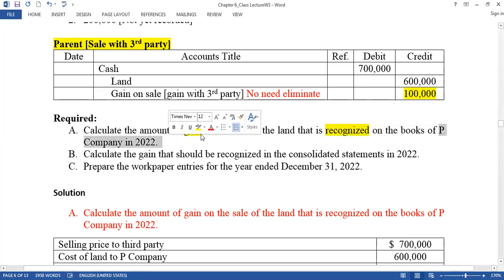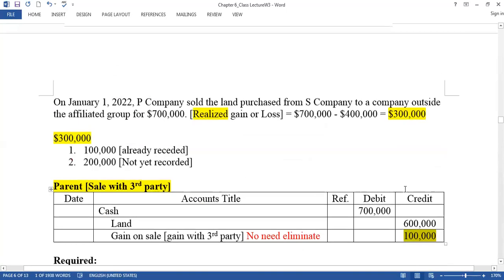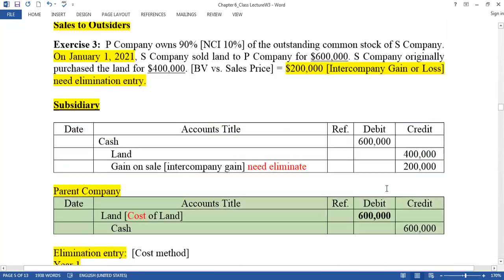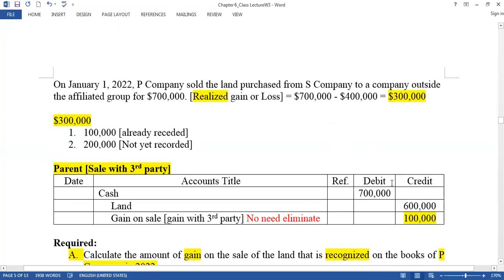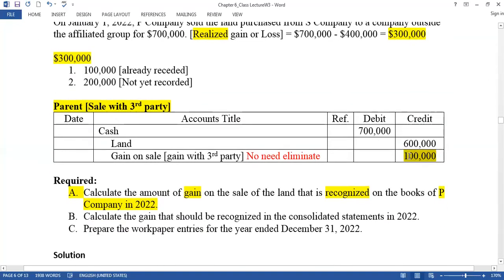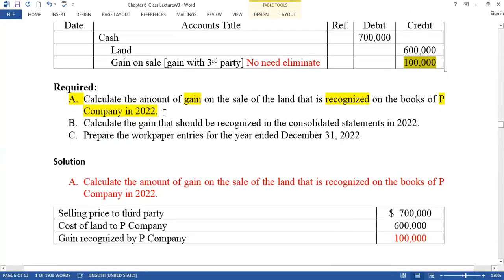My first question, calculate the gain or loss that is recognized in the book of P. And in the book of P, this $100,000 is the amount we need to calculate. This is the answer for requirement one, $100,000. Do you understand?